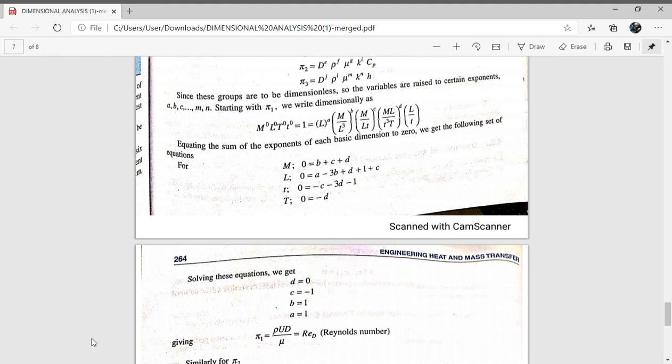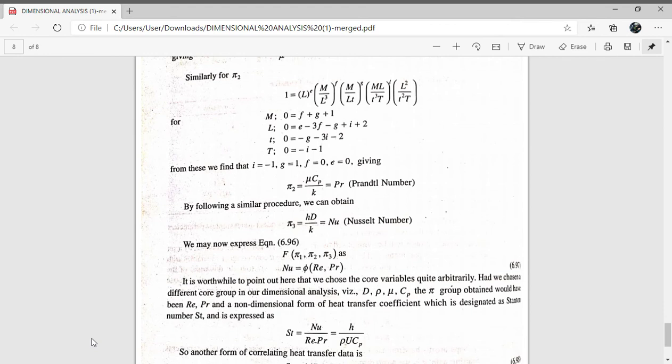So from this we get pi 1 equal to rho u d by mu. This rho u d by mu is a non-dimensional number. It represents the Reynolds number. Similarly, for the second pi term we will get mu Cp by K, which is nothing but the Prandtl number.